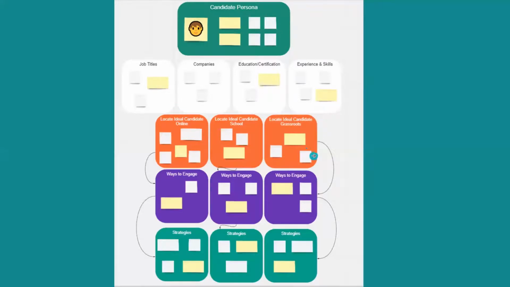Now, where do you find them, right? Online, school, grassroots. I would take one or two minutes to brainstorm and come up with as many ideas as you can possibly think of for all three sections. And then from there, I would look at what I put on the locate ideal candidate section and think about, okay, if I'm using Facebook, what are the ways I can engage on Facebook?